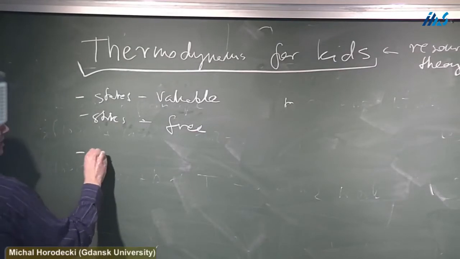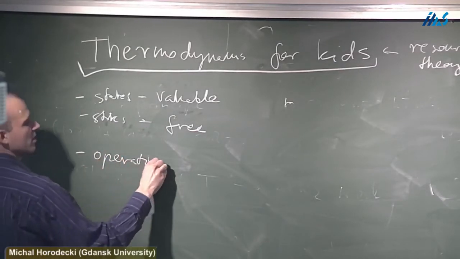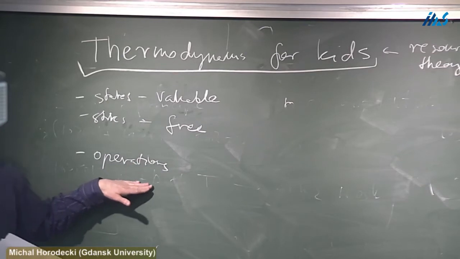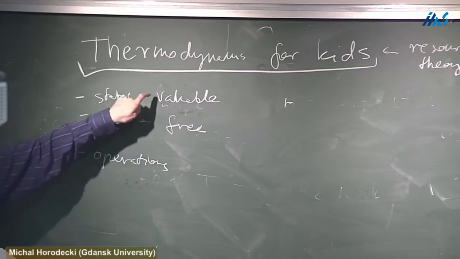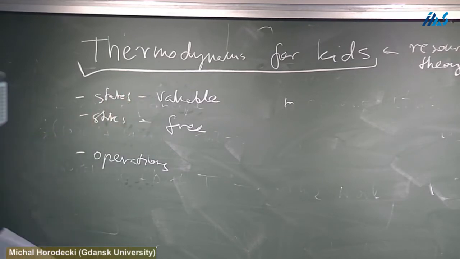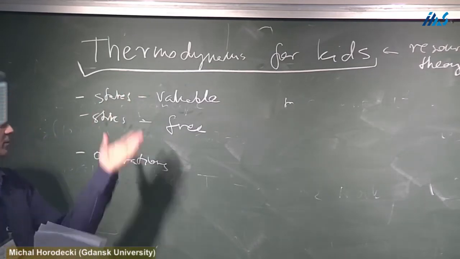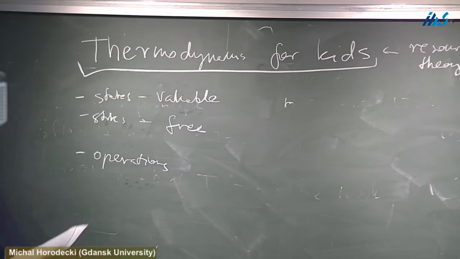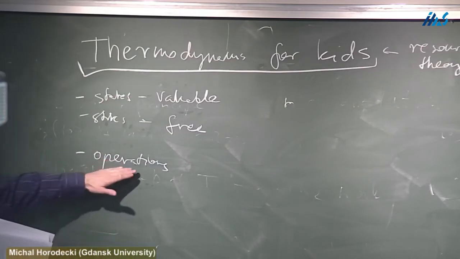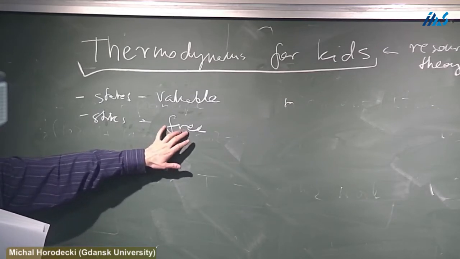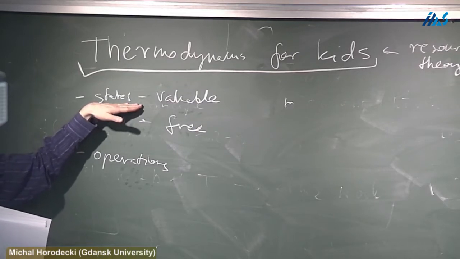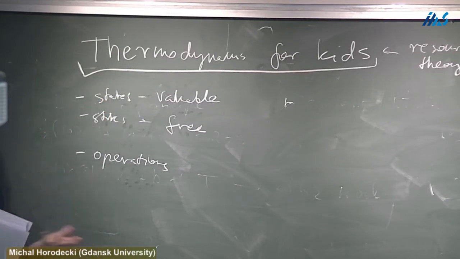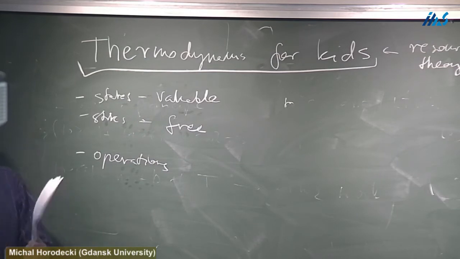Then you have operations you can perform, but the operations should be suitably designed so that they do not bring in valuable states. Because you can imagine an operation where you bring in a new particle in a valuable state. Then your theory is trivial. You can do everything. But if the operations can only bring in free states, then once you have, say, one system in a valuable state, you cannot really achieve any state.